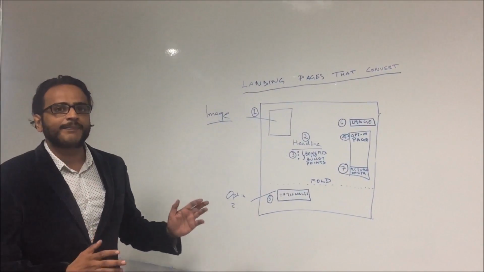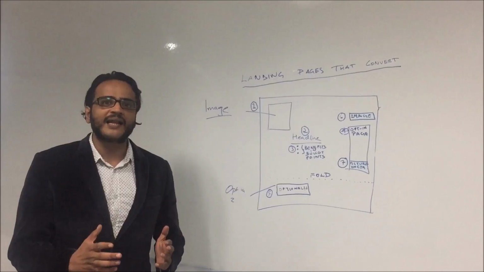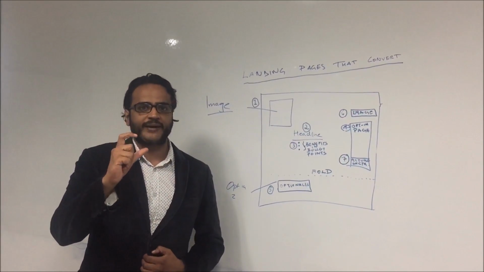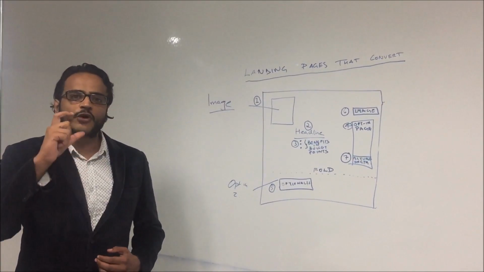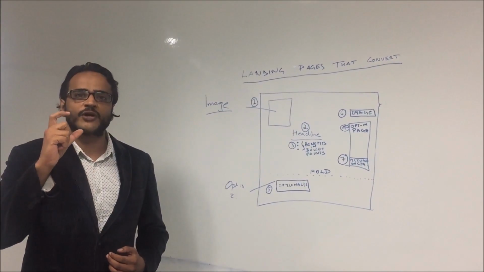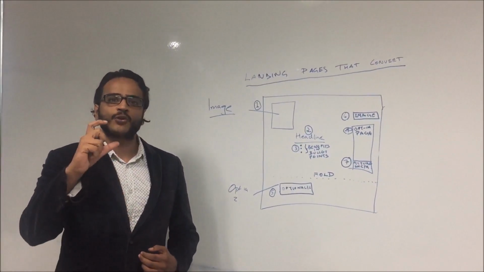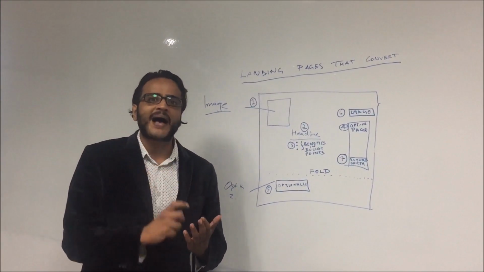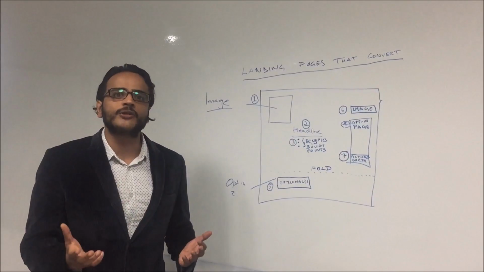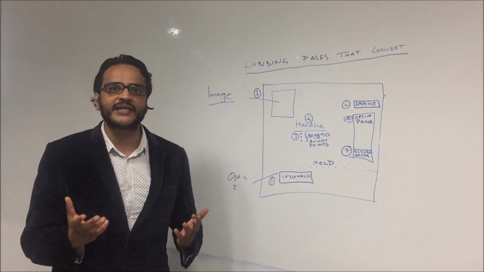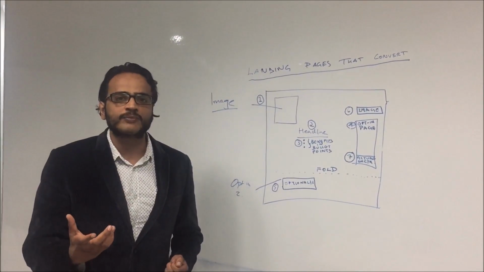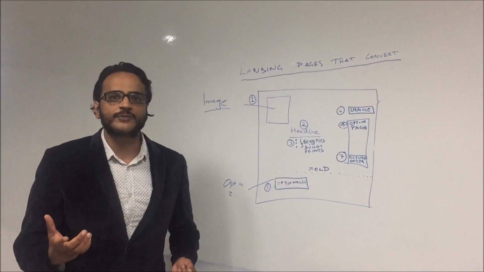So how do you create landing pages that convert? And what are landing pages? Well, think of landing pages in this way. Let's say, for example, you've got a product or service that you want to offer to your customers, and you show that product or service in many different ways. It could be a banner on a social media site like Facebook or Snapchat or Pinterest, or a banner on an advertising platform like Google AdWords or Facebook ads.